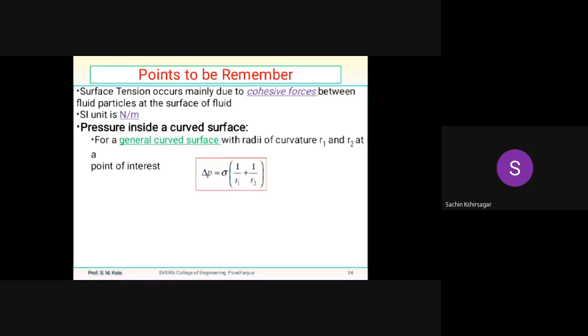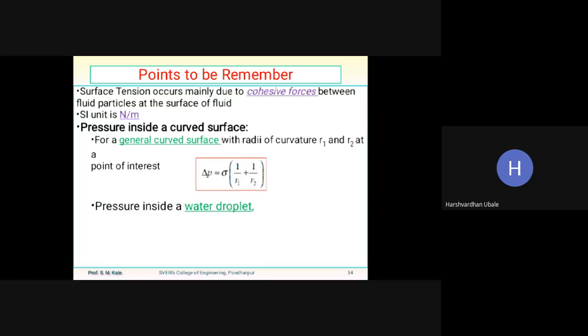So if they do not mention a liquid droplet, a soap bubble, or a jet of liquid, and they consider any surface or any shape and provide you the two values, that means the inner radius and outer radius or radii of curvature, then you have to use this equation.